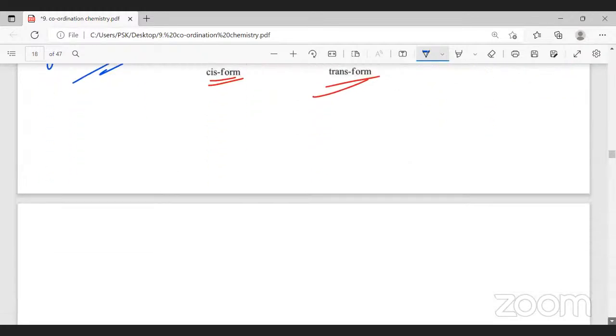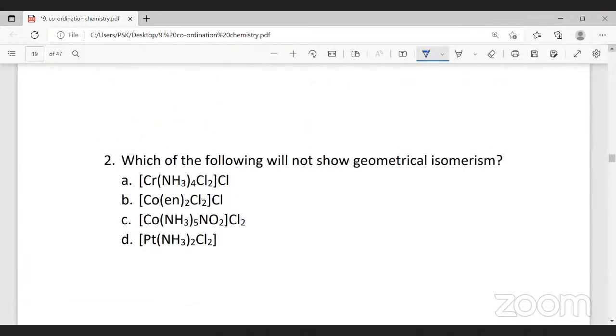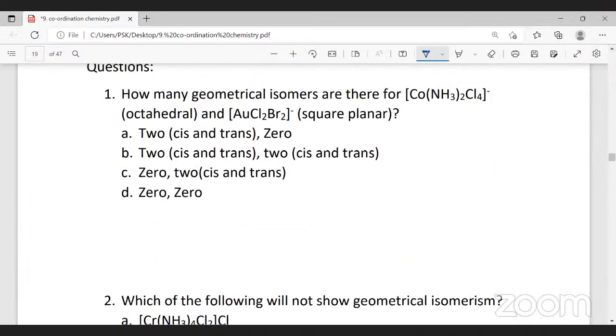Yes, sir. Now we'll have to solve some of the questions. I don't know how many questions we can solve. Let us see. Let us learn some of the questions. Now just go through the topic optical isomerism, what we have done.